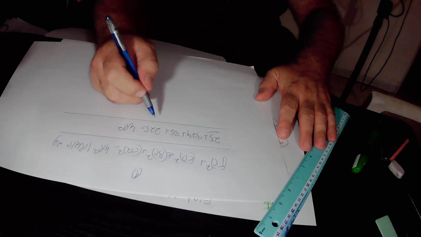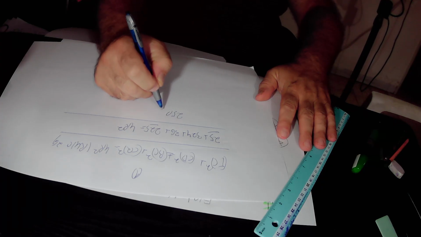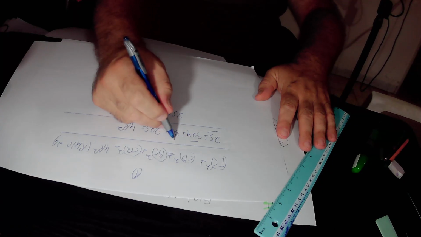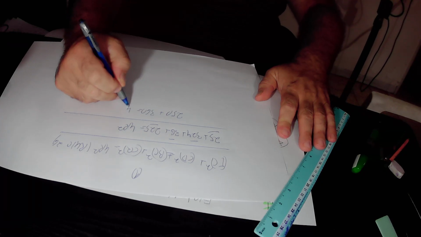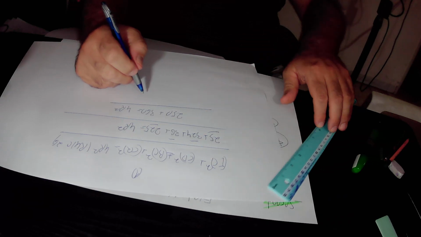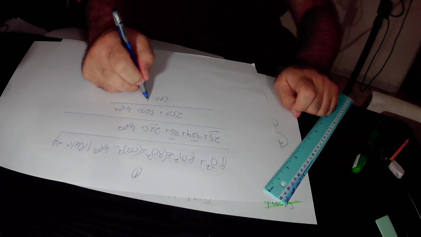25 plus 225 is 250, and we have 324 plus 36 is 360, equals 4R squared. 250 plus 360 is 610, equals 4R squared.